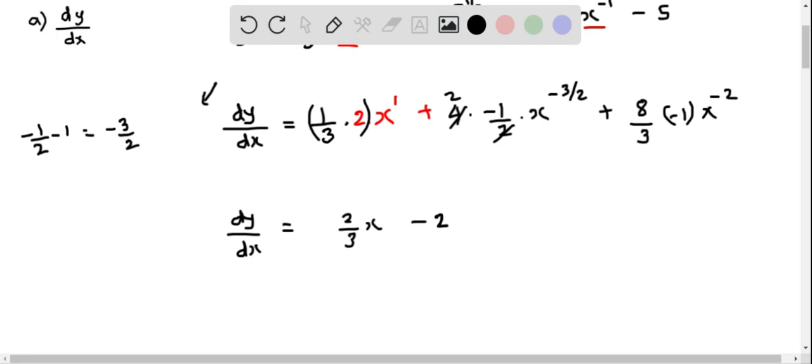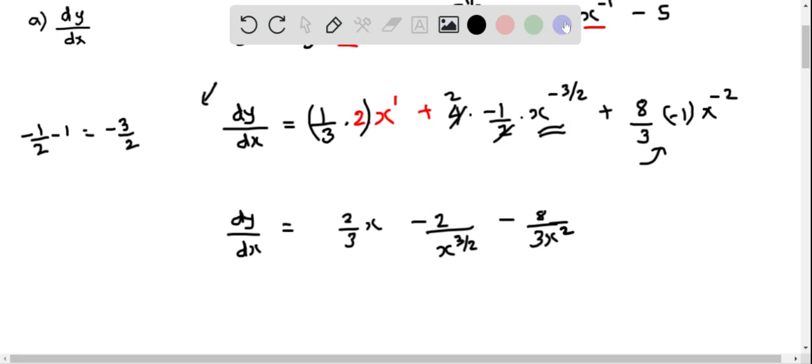So I can rewrite this as negative 2, and then we can write this in terms of positive powers of x. Therefore this goes to the denominator as x raised to the power of positive 3 by 2. And finally the last term is 8 by 3 times negative 1, which is negative 8 by 3, and then the denominator is x raised to the power of negative 2, so this becomes 3x raised to the power of positive 2.